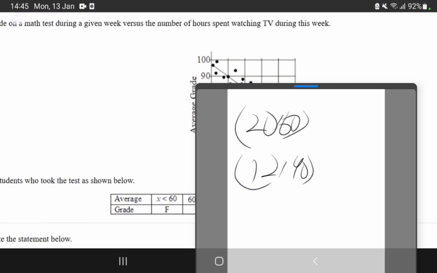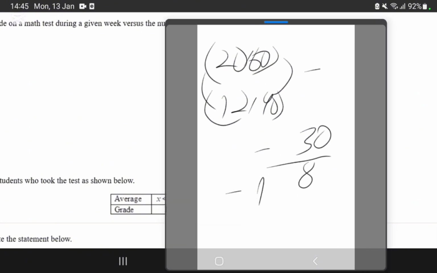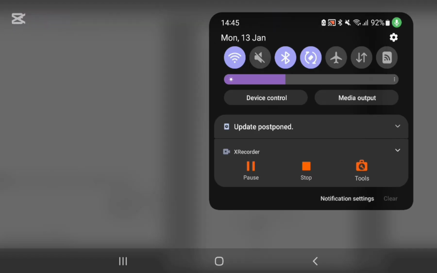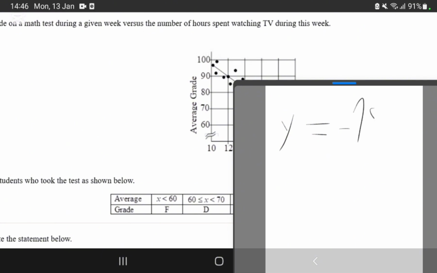If we find the slope by doing y2 minus y1 over x2 minus x1, we get negative 30 over 8 or negative 15 over 4, which is the slope. As I said, the slope is negative 15 over 4x plus b.